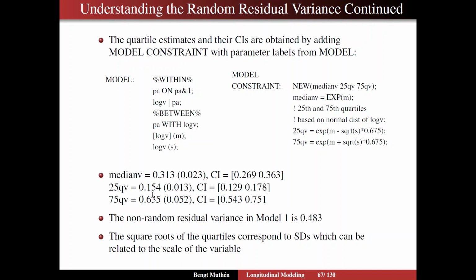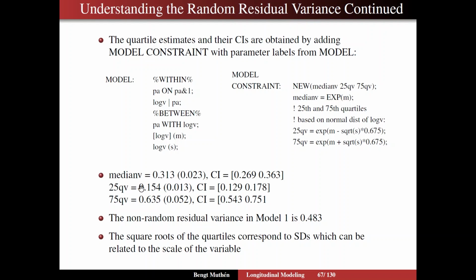So how does that help us interpret this? Well, these are quartiles on the distribution of V, the variance that we are interested in. So it's values of the variance at those quartiles.